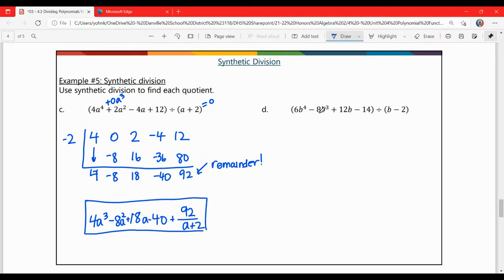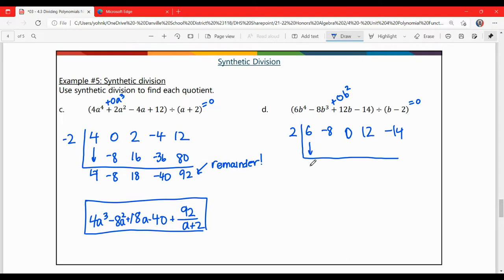All right, if we look at letter D, I got 4, 3. Oh, no, square. So I need to put that square in. Grab the coefficients. 6, -8, 0, 12, -14. If I set this equal to 0, I'm putting a 2 on the outside.